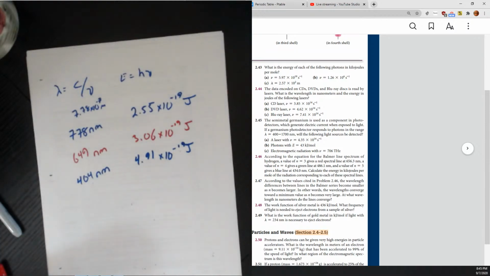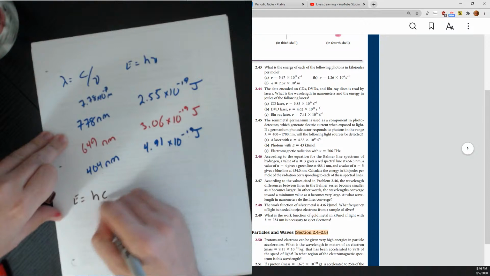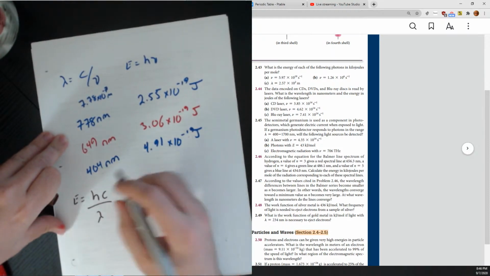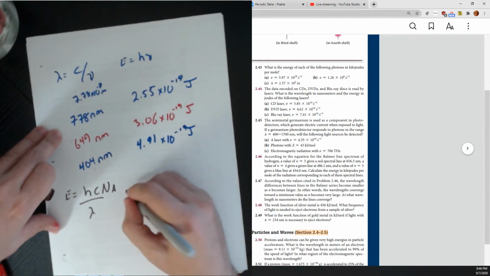Okay, well, once again, E equals hc over lambda. But we have to throw this in there because they're asking for it in kilojoules per mole.